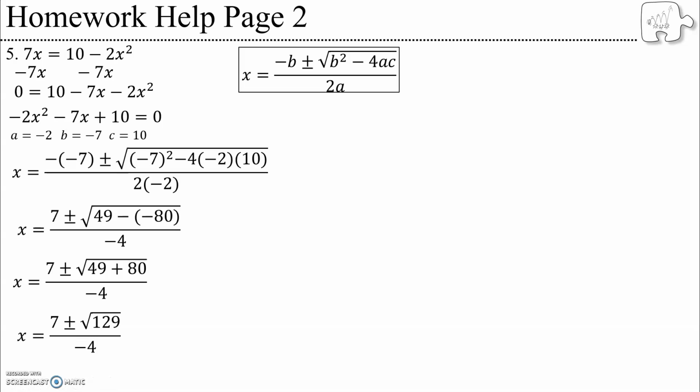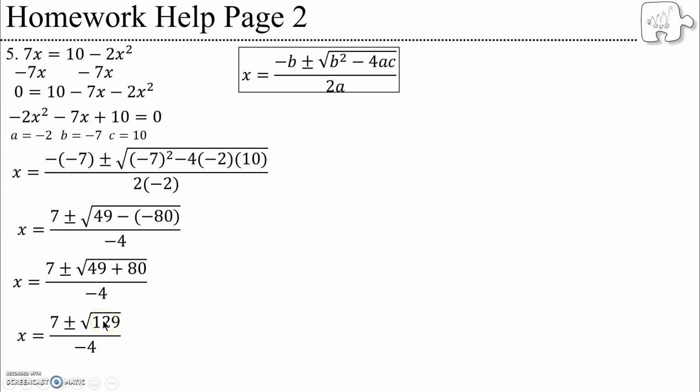So now you might be trying to simplify it further like what we were doing the other 2 days, but there is no square root of 129. The closest two numbers that multiply by themselves to give us a number close to 129 are 11 and 12. 11 times 11 is 121, which is too small.